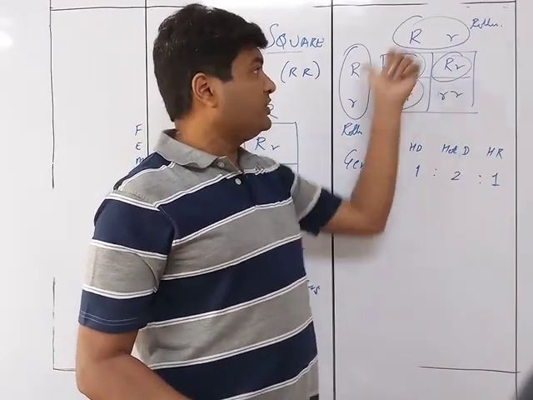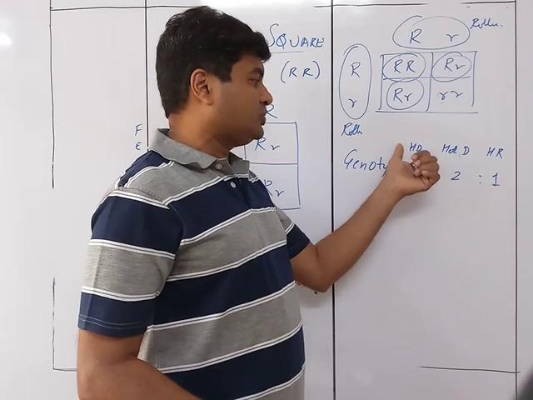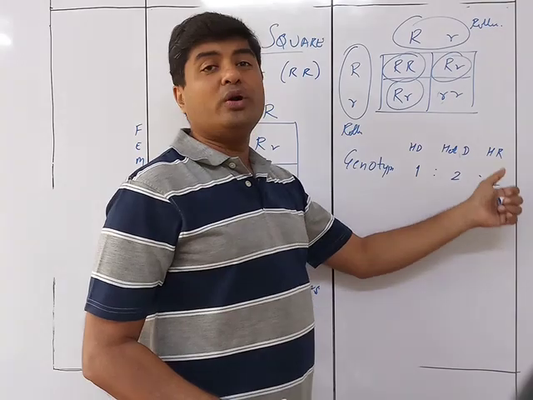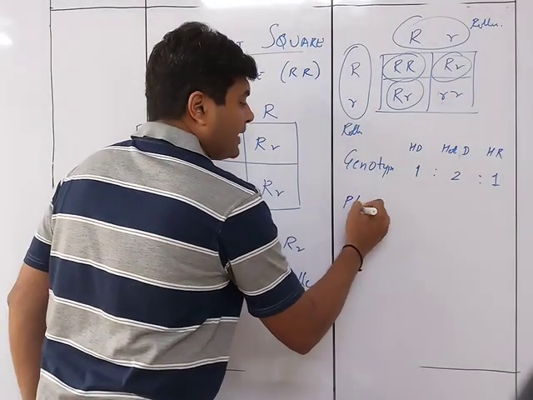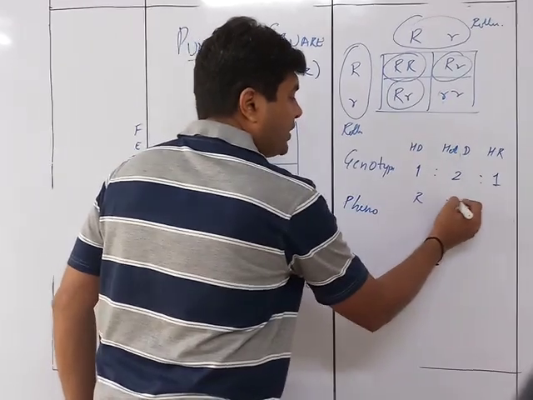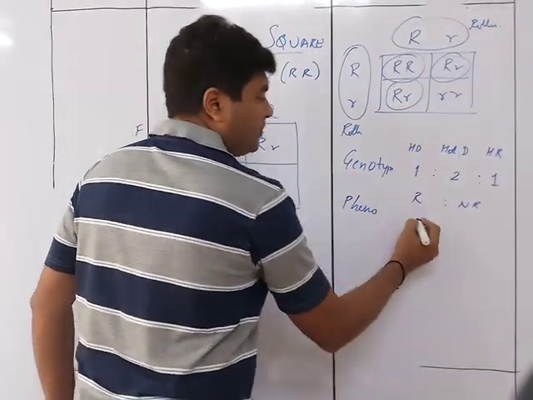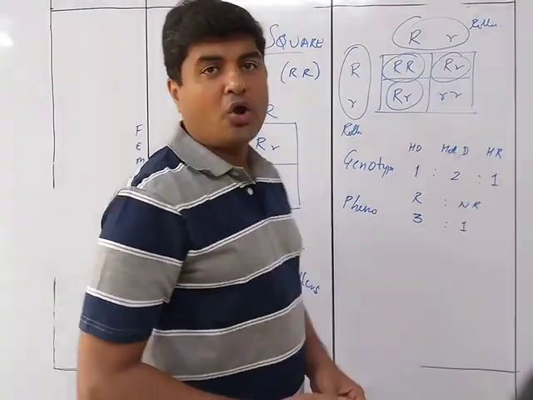The genotypic ratio of this particular mix will be 1 homozygous dominant, 2 heterozygous dominant, and 1 homozygous recessive. What will be the phenotype? The phenotype will be either rolling or non-tongue rolling. So how many will be rolling? 1, 2, 3. There will be 3 who will be rolling and only 1 possibility of being a non-tongue roller.